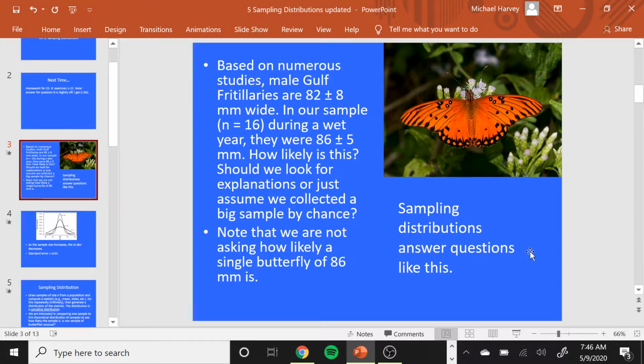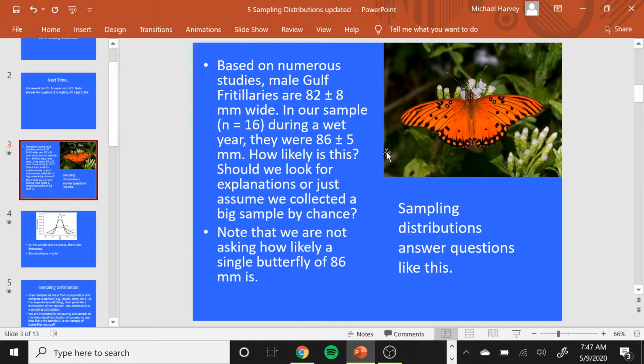A good example might be butterflies that are usually 82 millimeters in width, but we get one that's 86, and we want to know how likely that is. That's the sort of question we were asking in the previous video.